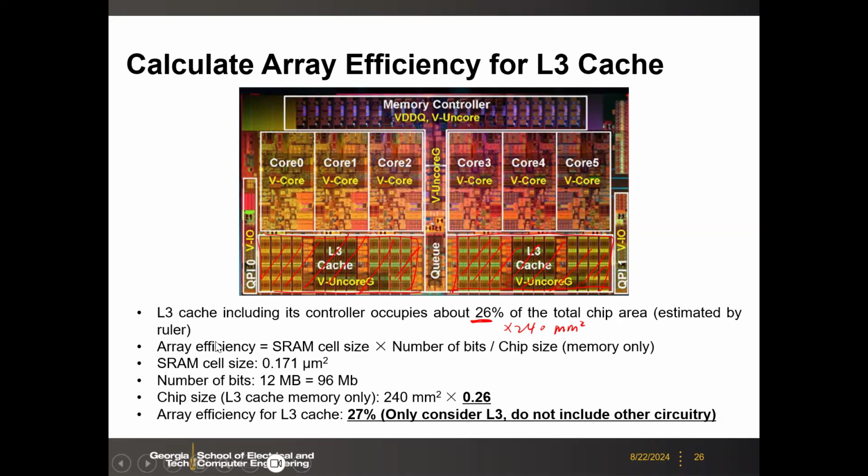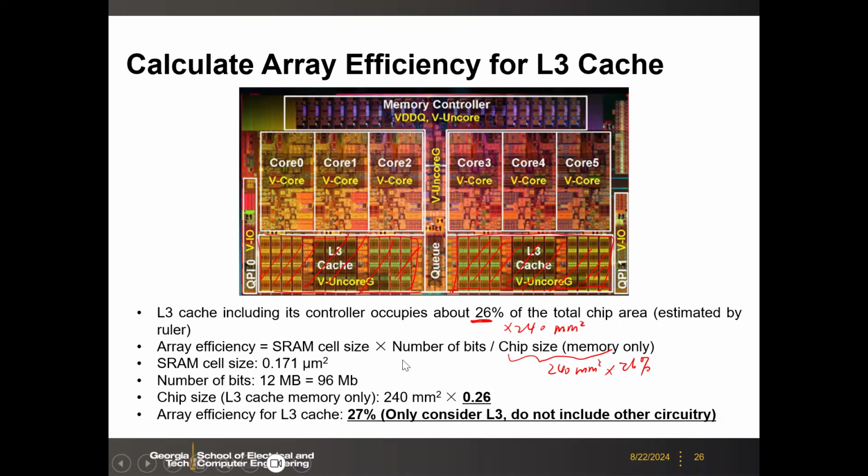The array efficiency by definition is the SRAM cell size for an individual cell times the number of bits, or number of SRAM cells, divided by the chip size for the L3 cache. The chip size for the L3 cache we just calculated is 240 millimeter square times 26%. For the SRAM cell size, if you recall the previous slide, it's 0.171 micrometer square per cell.